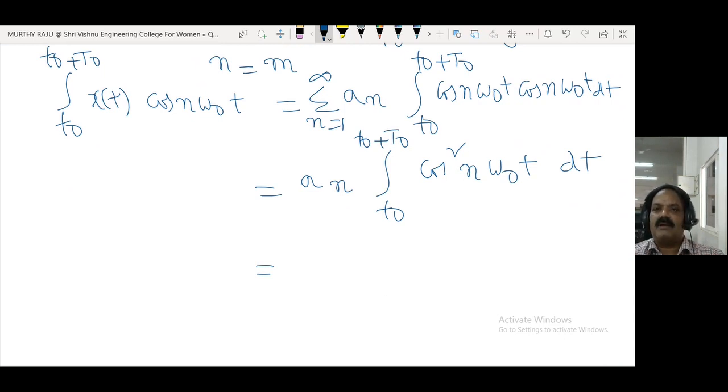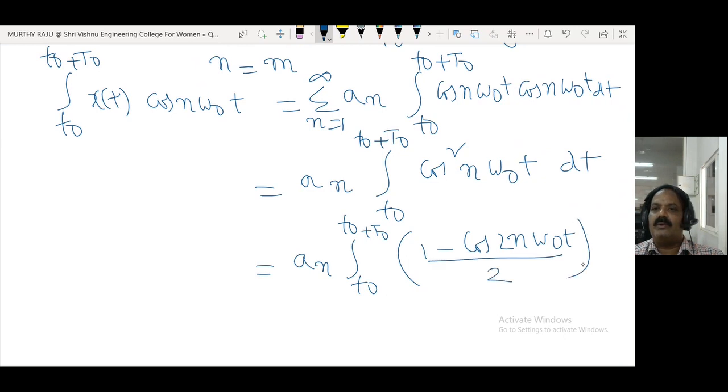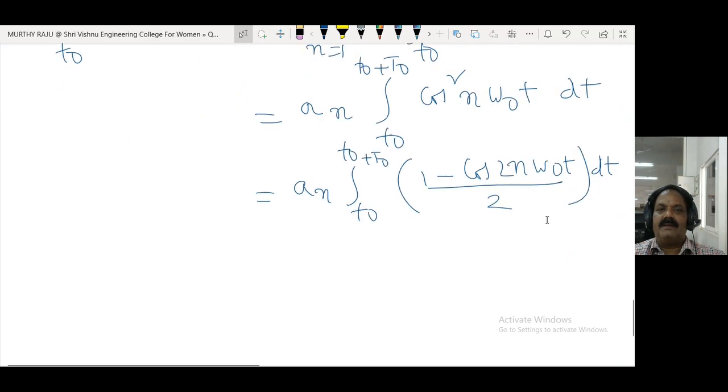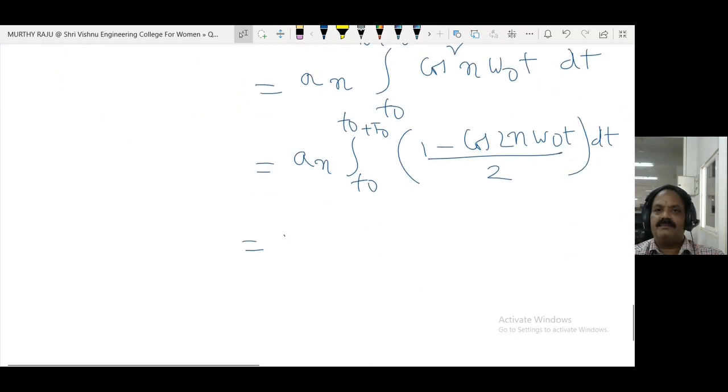So an equals the integral from t0 to t0 plus T0 of (1 plus cos 2 n omega naught t) by 2 dt. Here an times the integral from small t0 to small t0 plus capital T0 of 1 by 2 dt.